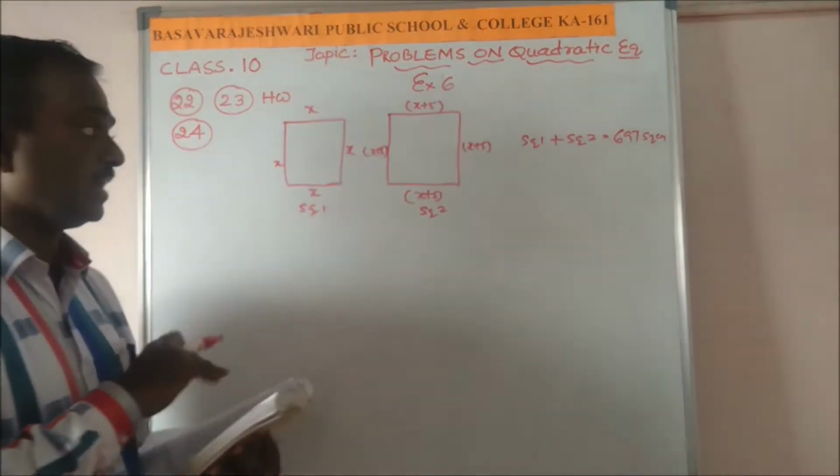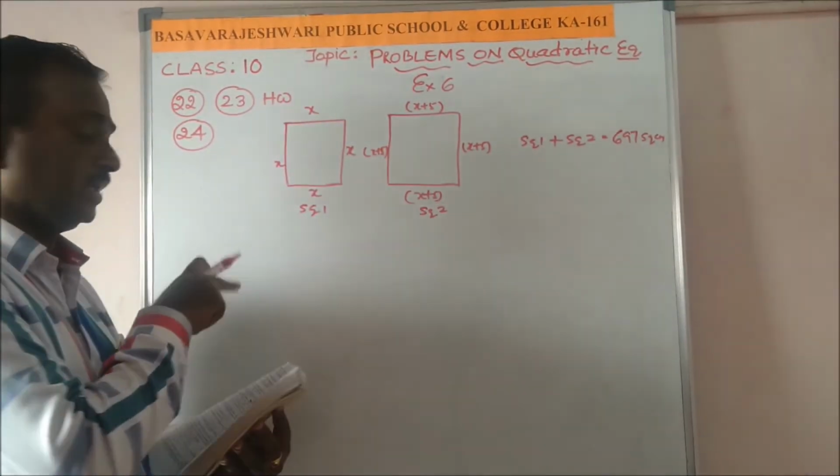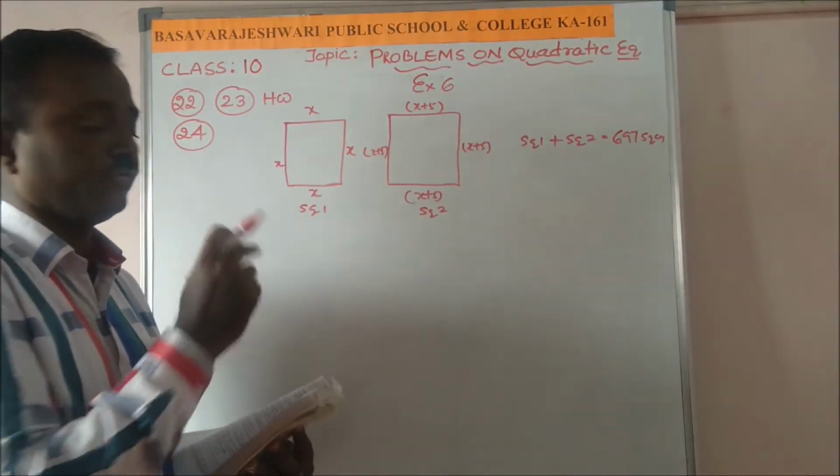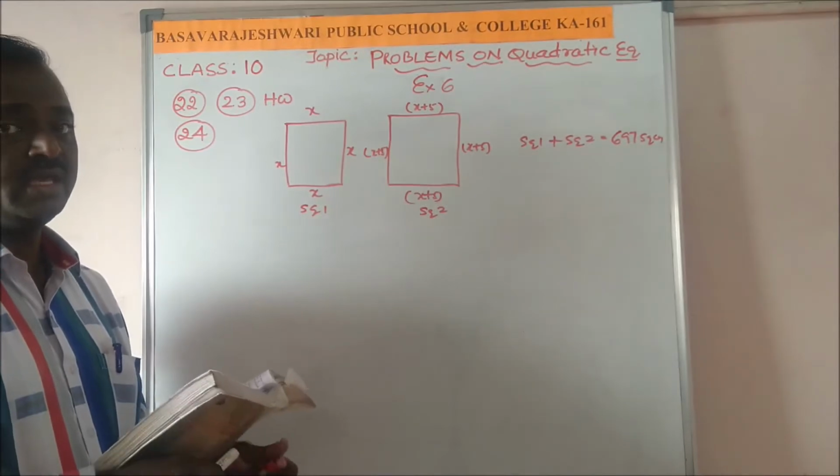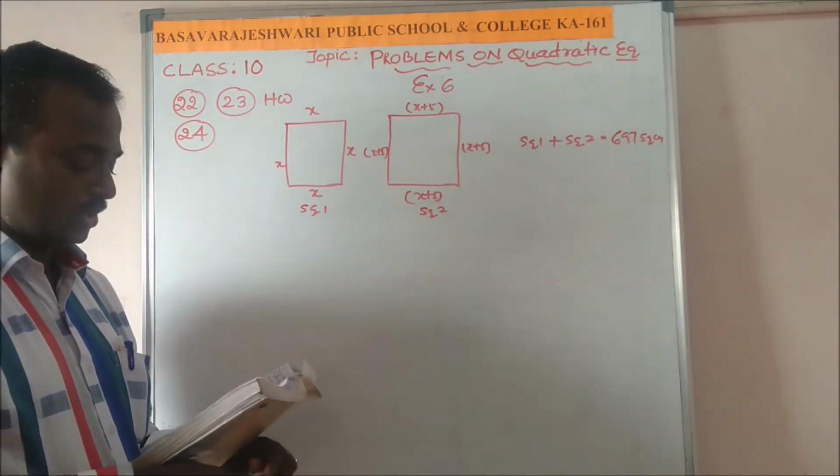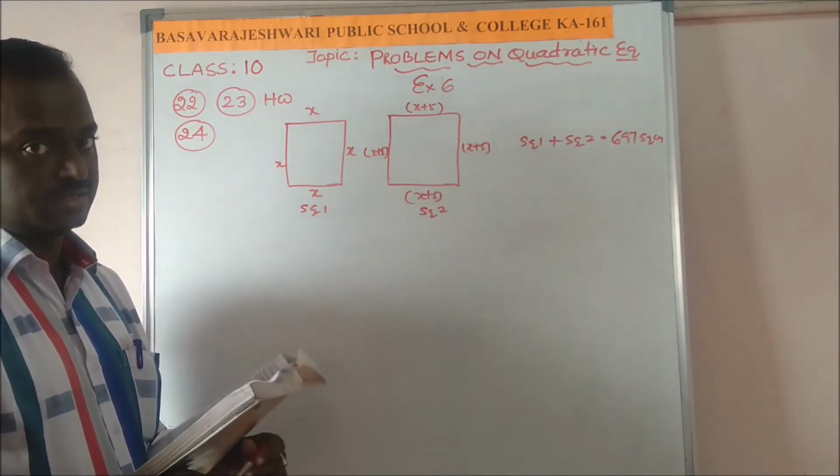Then find the value of x in the case of the first square, and also in the case of the second square. Okay, we will solve this sum.